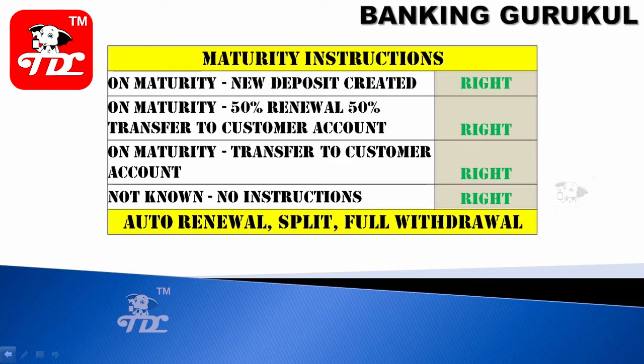On maturity you can say a new deposit is created, meaning the entire amount goes to a new deposit, or 50% will be renewed and 50% transferred to the customer account, or 100% transferred to the customer account, or no instructions. So while testing a fixed deposit, you have to test all these maturity instructions also.